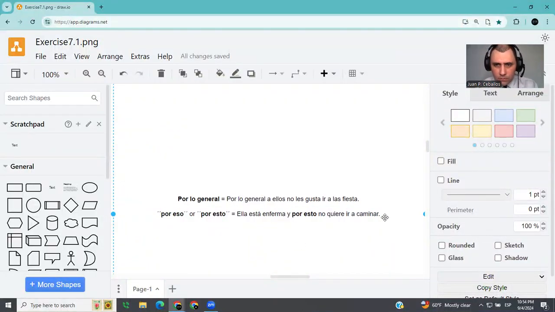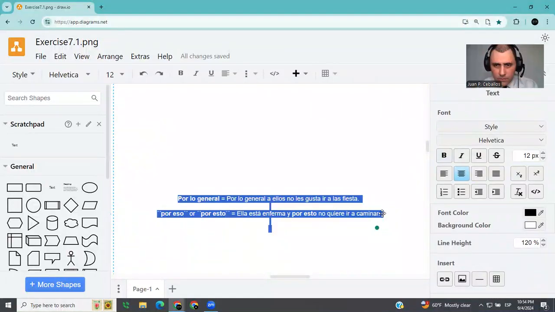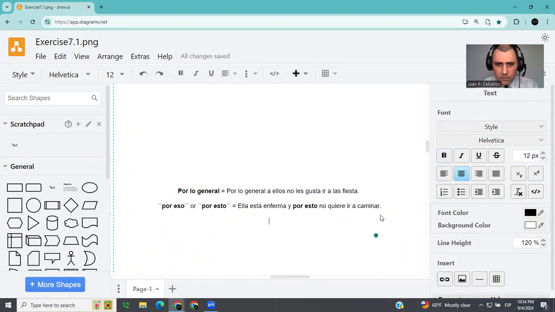Another one that is good and also common is por supuesto. Por supuesto means of course. Do you want to go to the party?